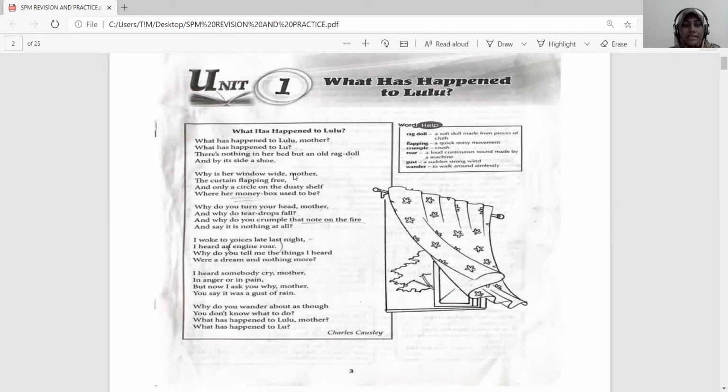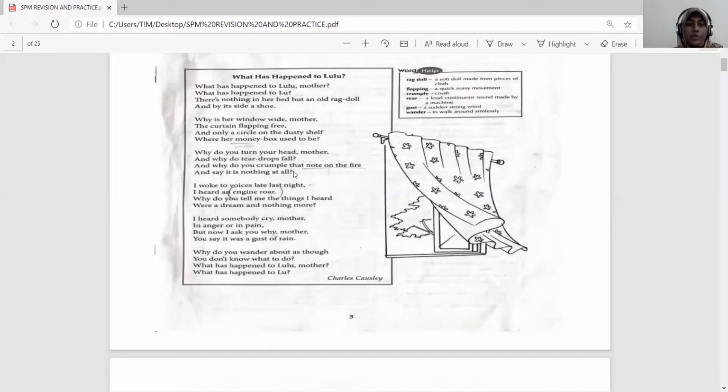The second stanza says: why is the window wide, mother, the curtain flapping free, and only a circle on the dusty shelf where her money box used to be. This is where the question about her freedom comes in. The window wide open is the first thing: she ran through the window. Maybe she escaped through the window.